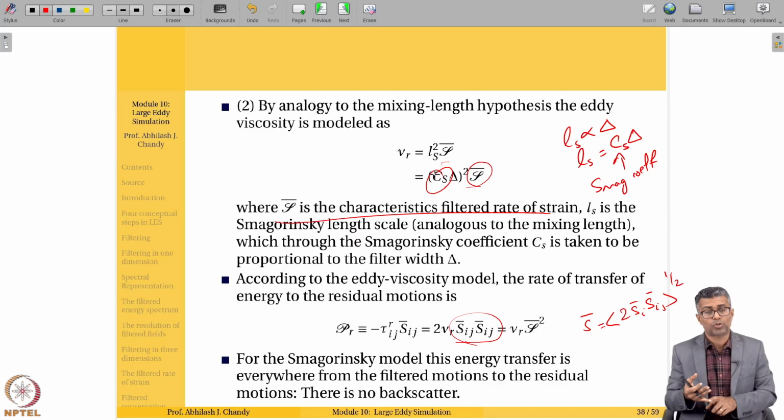It could be the buoyancy source term, it could be the Lorentz force source term like you have in the magnetohydrodynamic equations, the buoyancy source term that you have in stratified equations, so on and so forth. So those are examples where you could have backscatter, you could have energy going from the small scales to the large scales, and in those cases the classical version of the Smagorinsky model is not going to give good results because it does not consider backscatter.